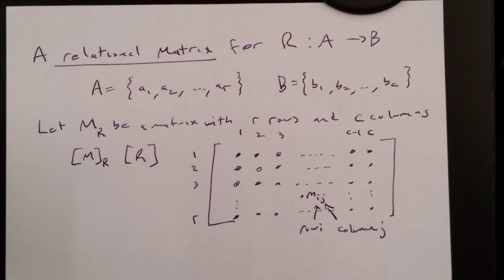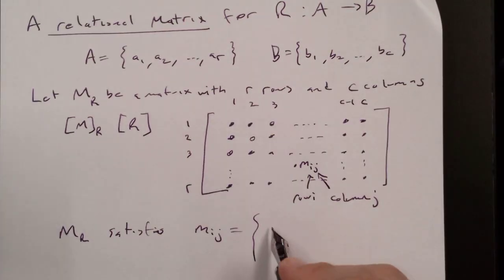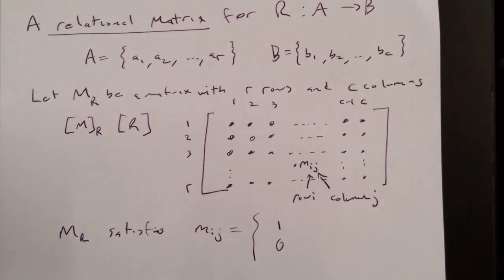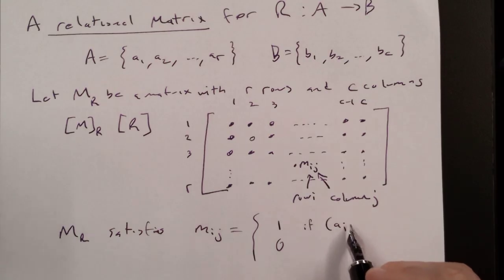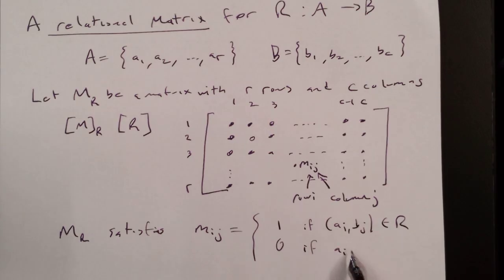So here's the deal. Each of those M's, little Mij, is either a 1 or a 0. So this is a matrix with binary entries. It's a 1 if ai, bj is in my relation, and it's a 0 if it isn't.